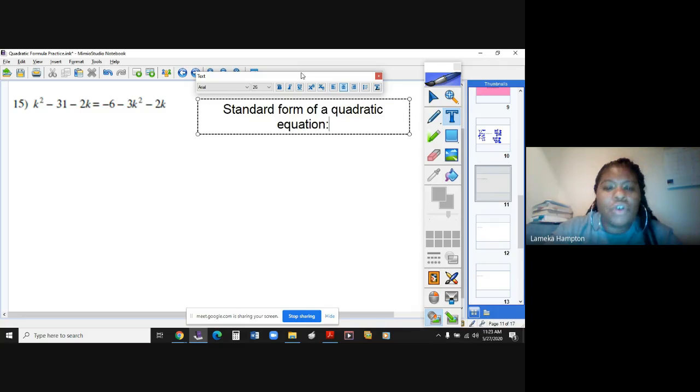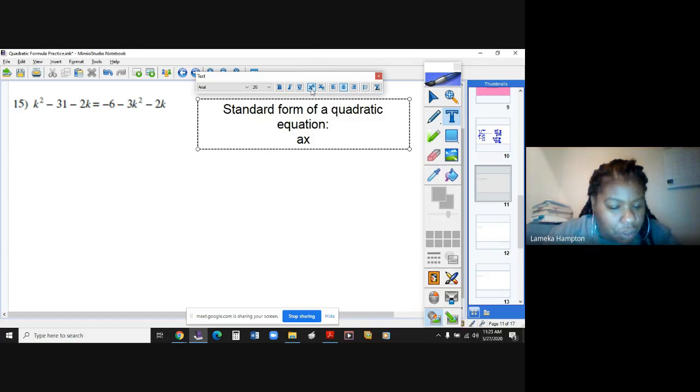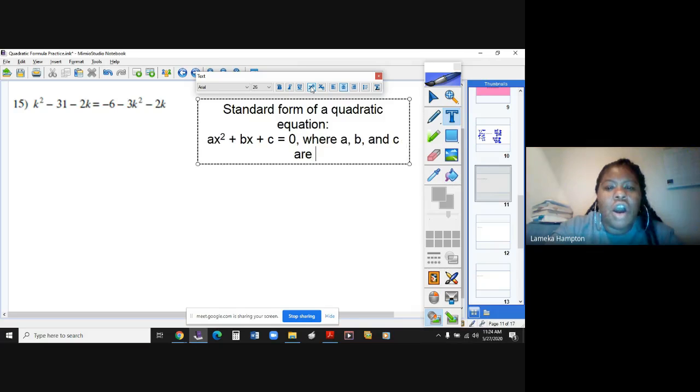Okay, so the standard form of a quadratic equation is as follows: ax squared, make sure you put that squared up there, that's very important, plus bx plus c is equal to 0, for a, b, and c numbers.